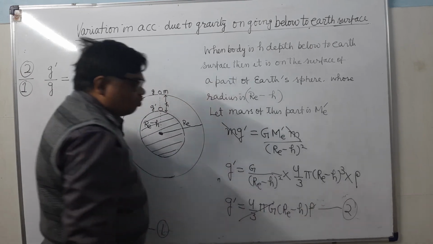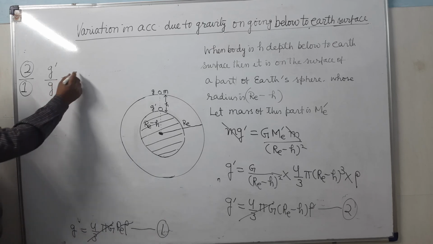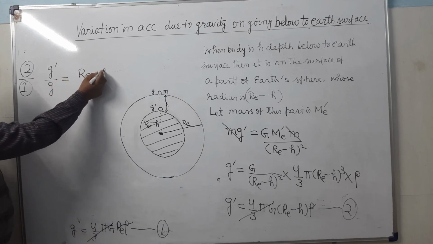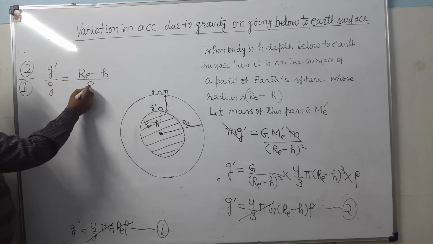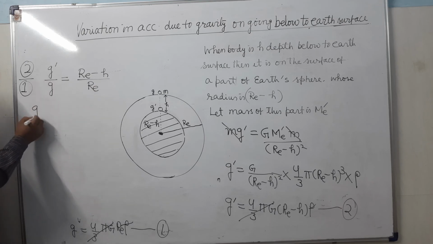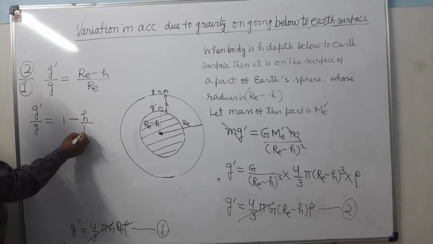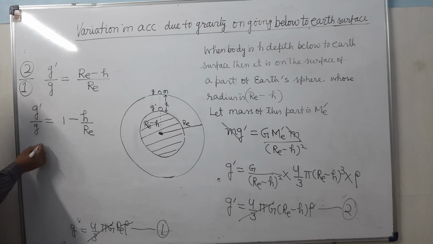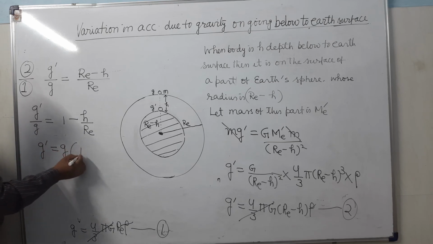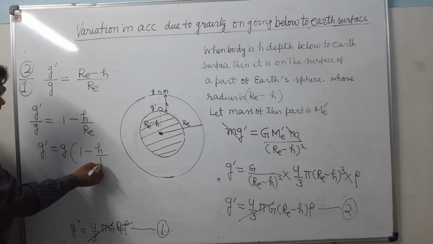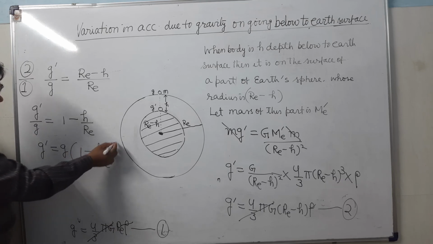It's clear? What will you get? You will get RE minus h divided by RE. So g dash upon g equals, on separating the terms, RE upon RE is 1, minus h upon RE. So g dash will be equal to g (1 minus h upon RE).